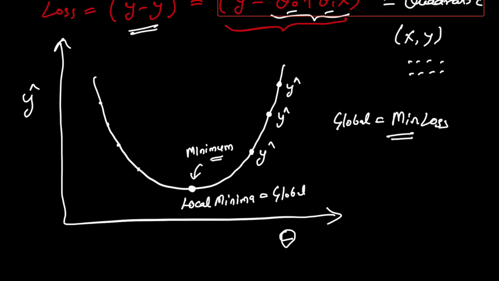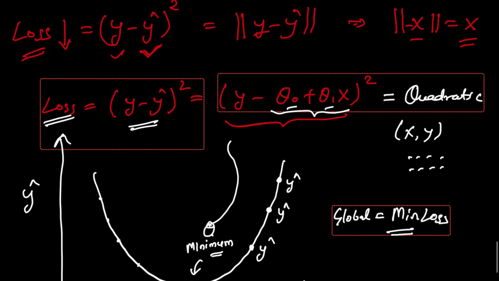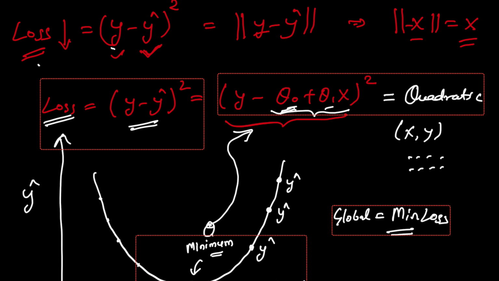Okay, so now I know that if somehow we can define the minima of a loss, then we can simply take those theta for this particular minimum loss, and then we simply put it in this function. If we put it in this function, then you will get minimum loss, and minimum loss means your actual answer is very close to the predicted answer, and that means you have done a quite good job.